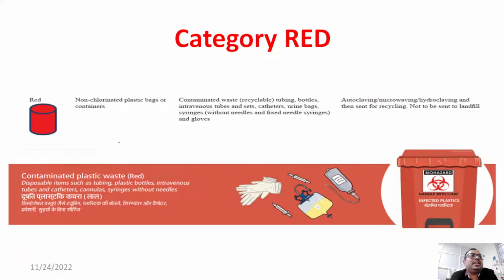This red category is one which was formulated with the principle of recycle and reuse. R is for red, R is for recycle, and R is for reuse. This includes the waste which can be recyclable, like plastic waste such as tubing, bottles, intravenous tubes and sets, catheters, urine bags, syringes without needle and fixed needle syringes, as well as gloves.